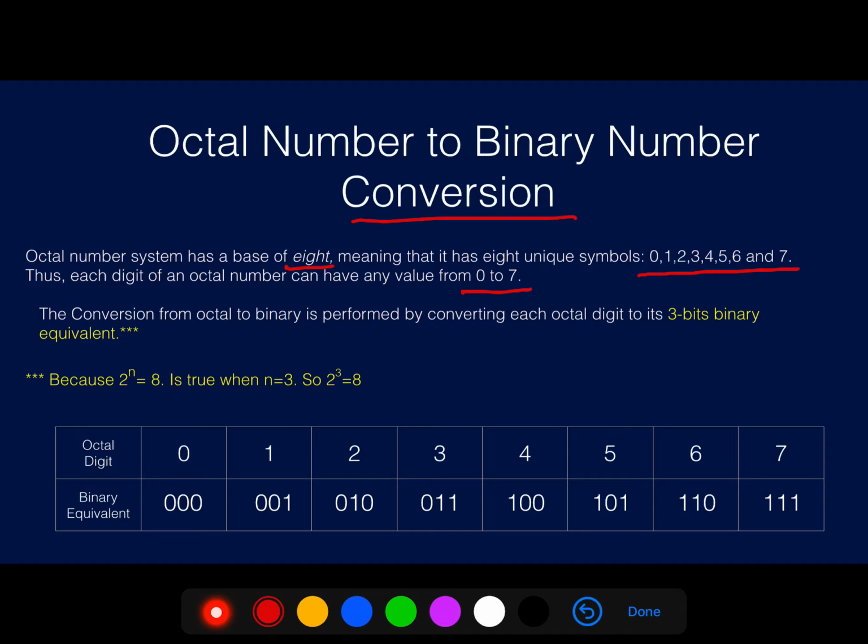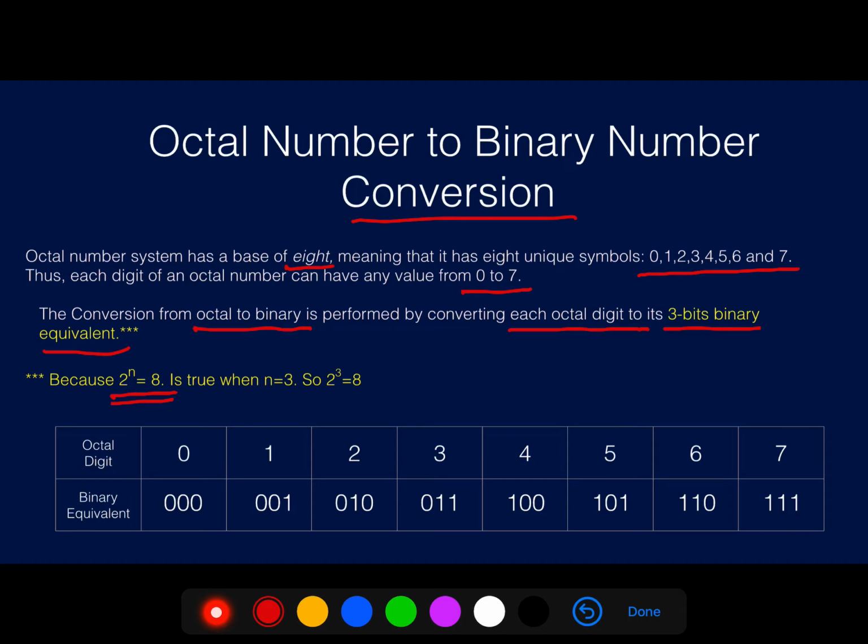Now in the conversion part, the conversion from octal to binary is performed by converting each octal digit to its 3-bit binary equivalent. Let's see why 3 bits. For this, 2 raised to the power n should be equal to 8.